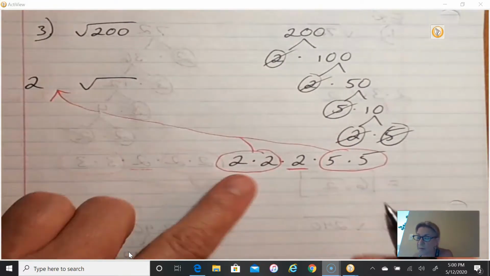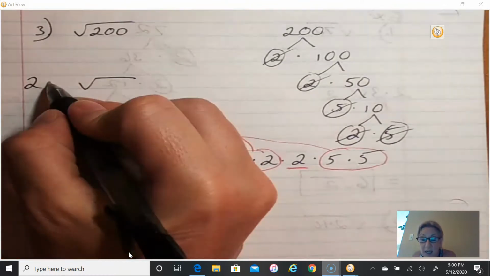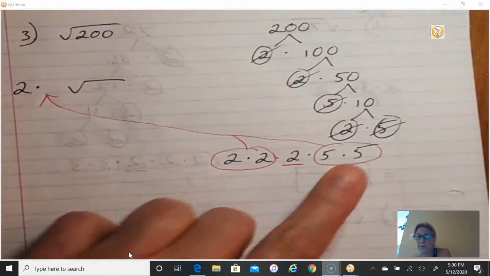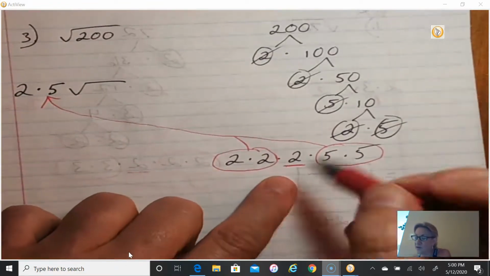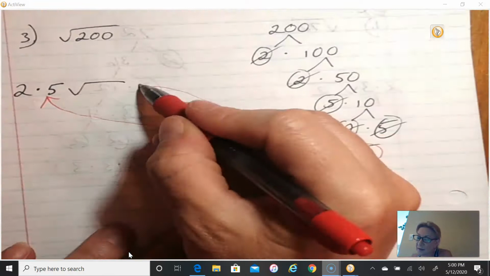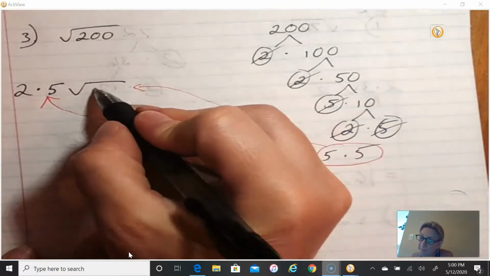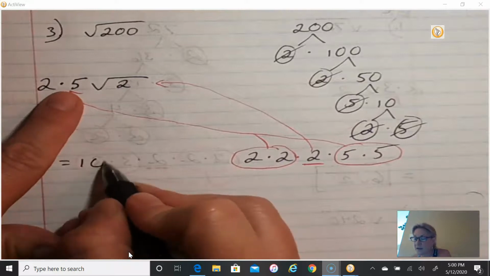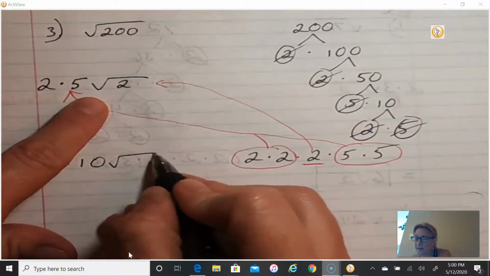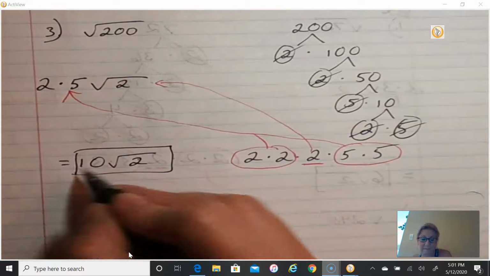So I have a 2 from this pair times 5 from that pair. And then your little leftover, again, goes on the inside. Okay. 2 times 5 is 10 times the square root of 2. There's your answer.